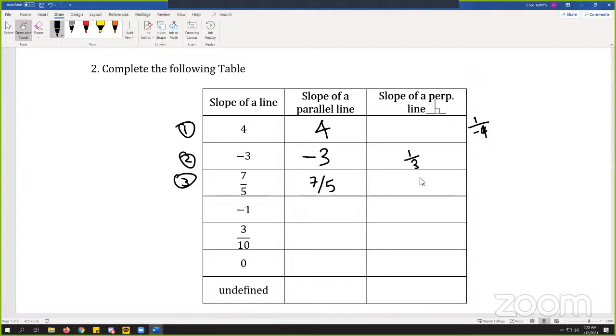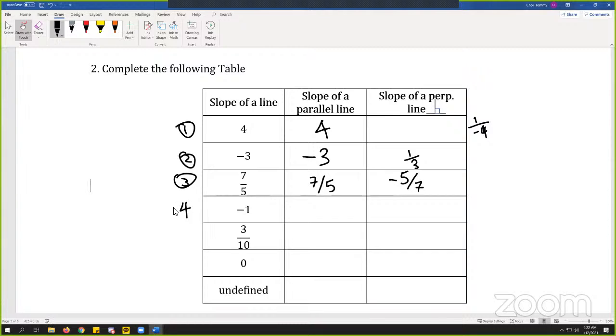You would be right in saying 1 out of 7/5, but just flip the fraction. So just take this fraction and flip it. Oh, 5 out of 7. Yeah, so -5 out of 7. There you go. So you're just flipping the fraction and then putting a negative if it's not there, and if it's negative, you just change it to a positive.